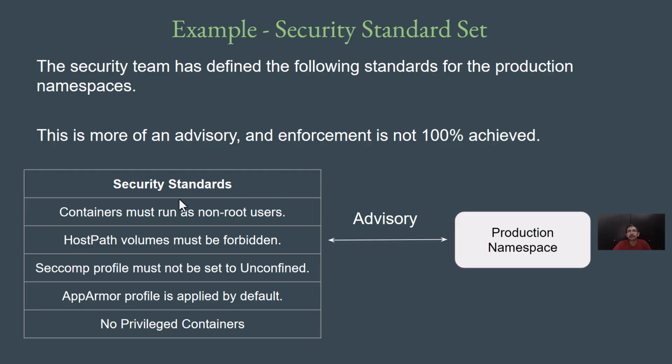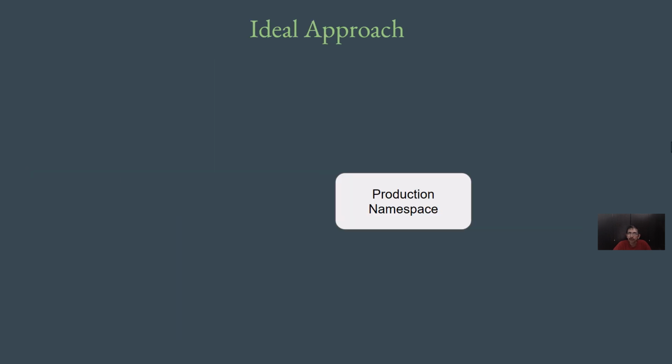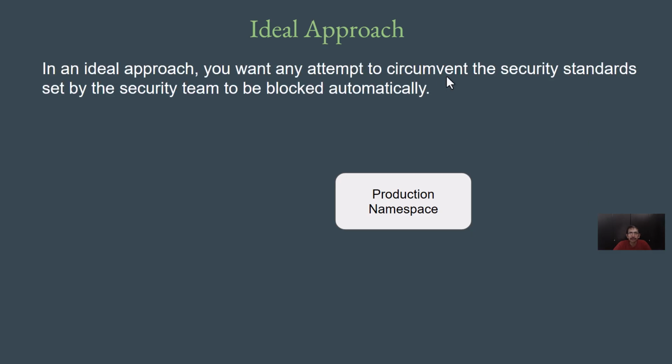Although there will be documentation where the security team will create a template that whatever pods or deployments you create, make sure that all of these pointers are followed, if a user decides to go ahead and still launch the privileged pods, then that enforcement is not implemented. So what you would ideally want in a production environment is that any attempt to circumvent the security standards that have been set should be blocked immediately.